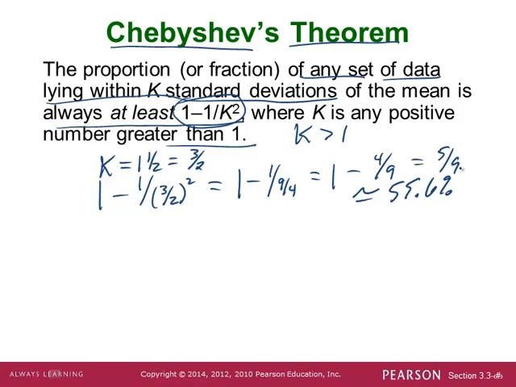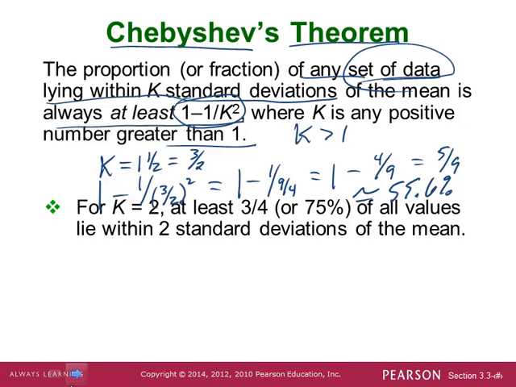So approximately 55.6% of my distribution, of my population, set of data, whatever you want to call it, will be within 1.5 standard deviations of the mean. Okay? That's what that says.